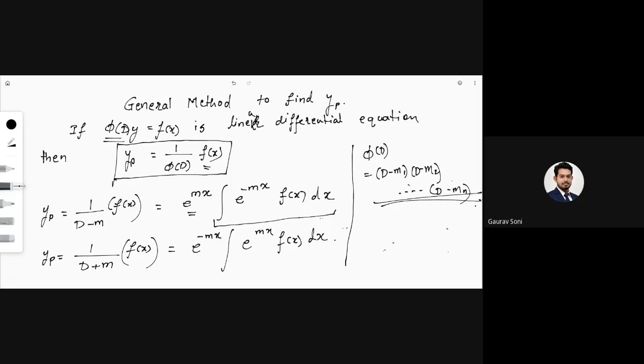So you have n roots, so phi of d can always be written in this form, and we will go on applying the brackets d minus m1, d minus m2 on the function f of x. Okay, so if you have written this formula, I can go ahead with some remarks on this.